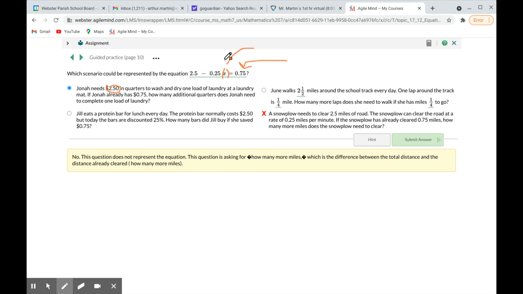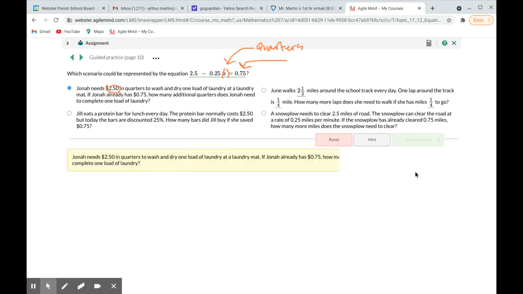So X represents the number of quarters. And so this question's asking how many more quarters does he need so that we can do $2.50 minus this. Is that what you're saying, Tashandra? Yes, sir.